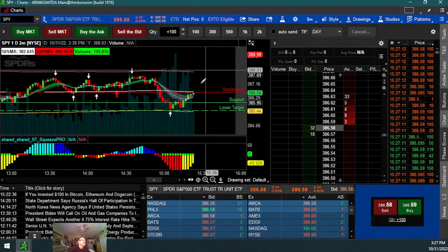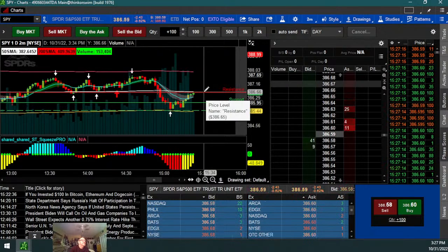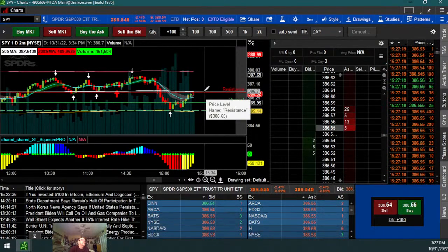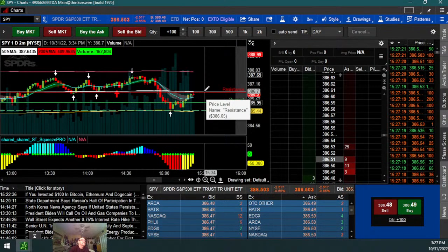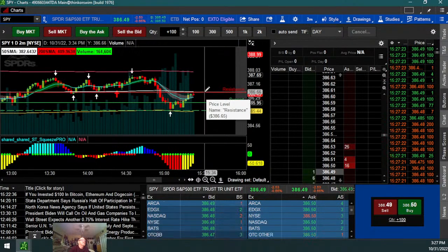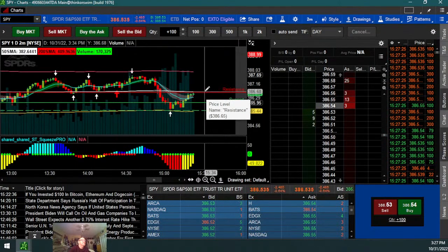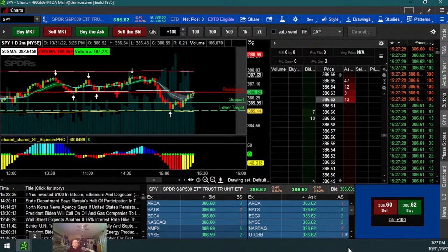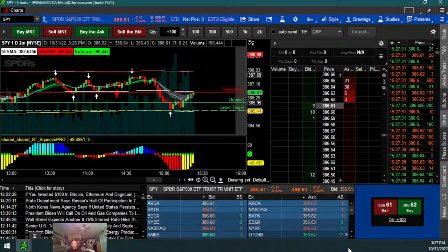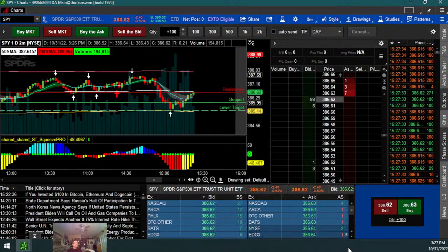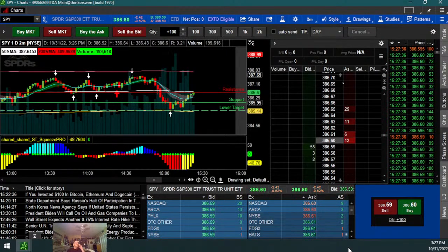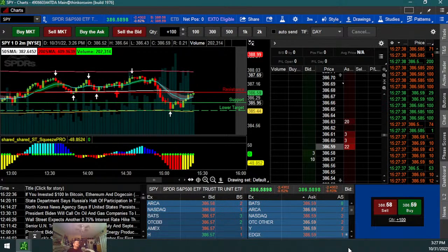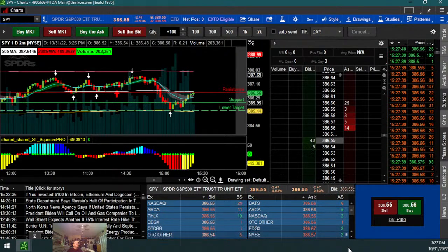Still at 386 and still 387. 87. 86, 75. We're still right there at the VWAP. Wherever the VWAP is, your resistance is right at the VWAP. See if we can break through. Depends on the volume. Right now on 2 minutes, that's a lot of volume actually. That's over 100,000 per minute. So that's pretty good.